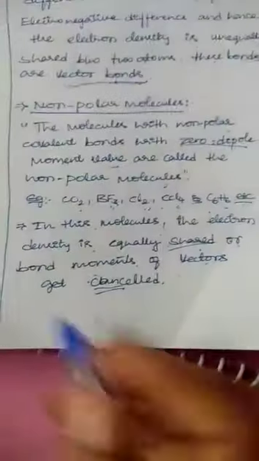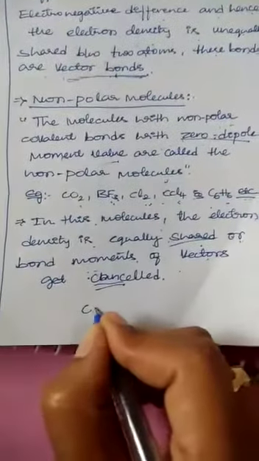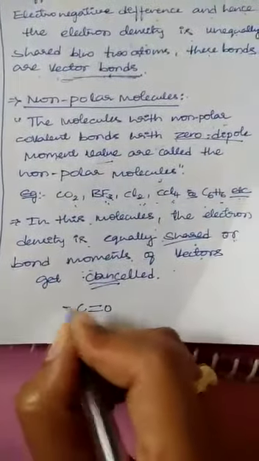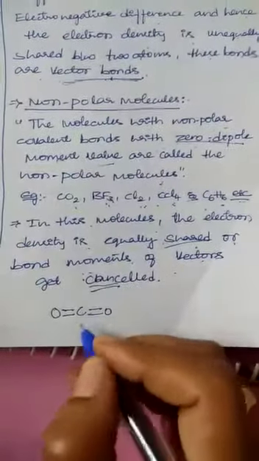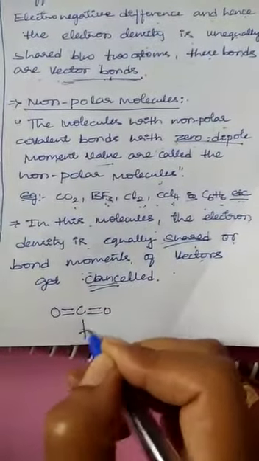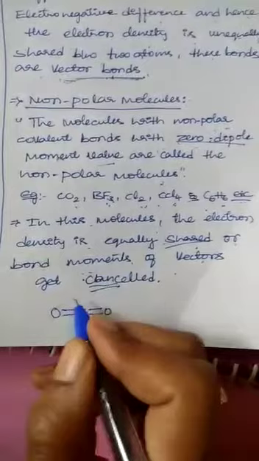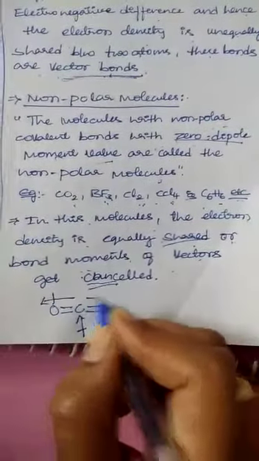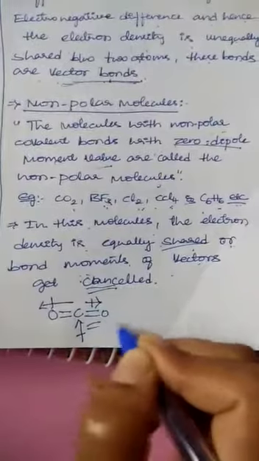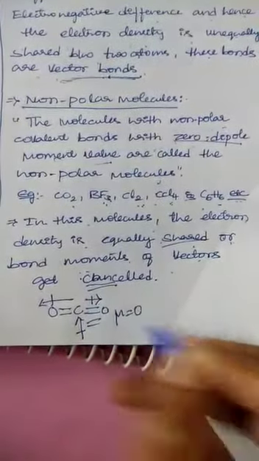Here the best example is carbon dioxide. Here the net dipole moment is like this, but the bond vectors are going this side. At this stage, mu is equal to 0.